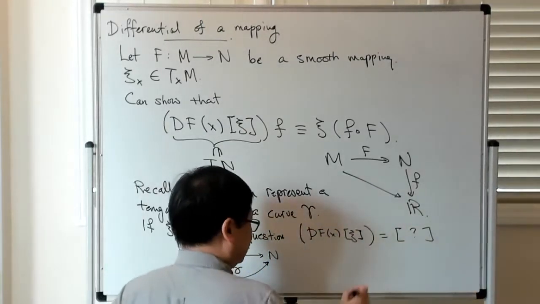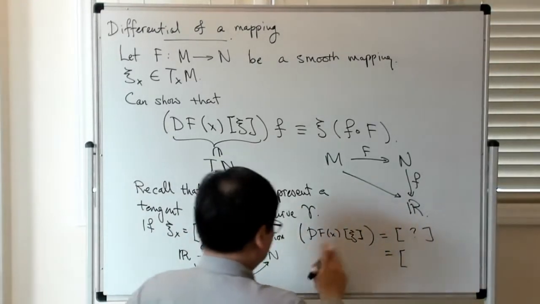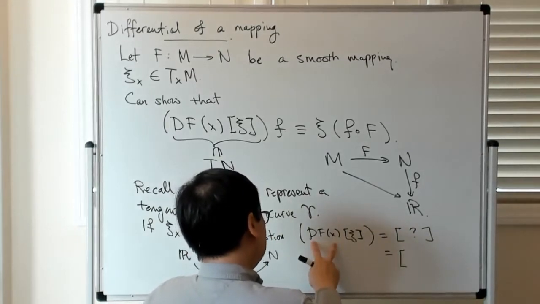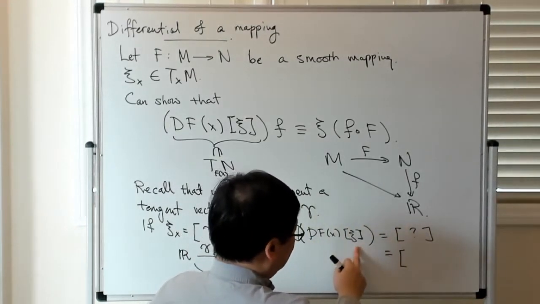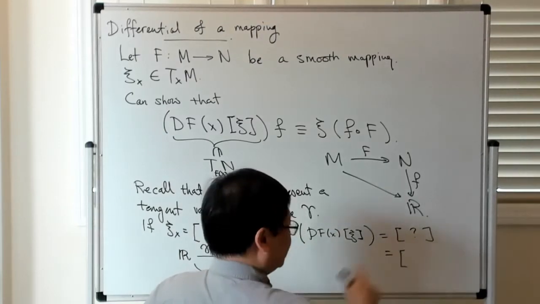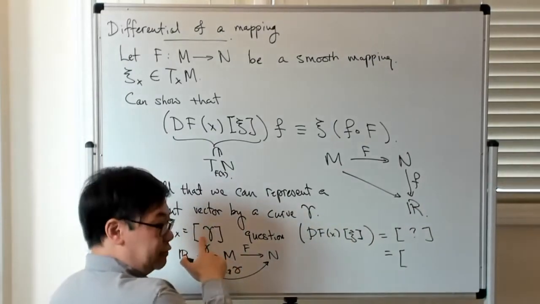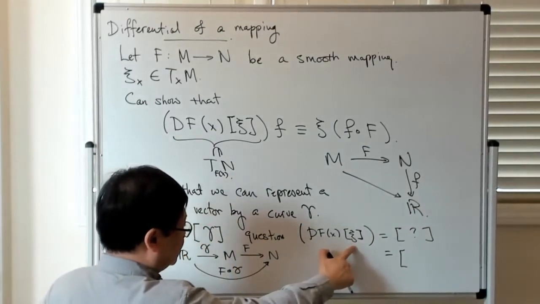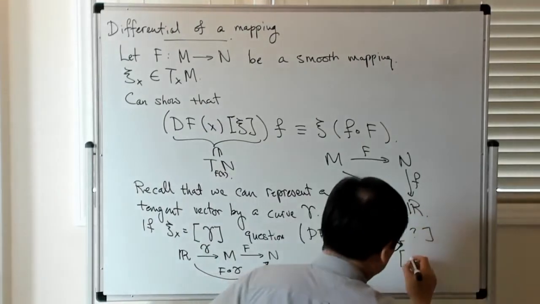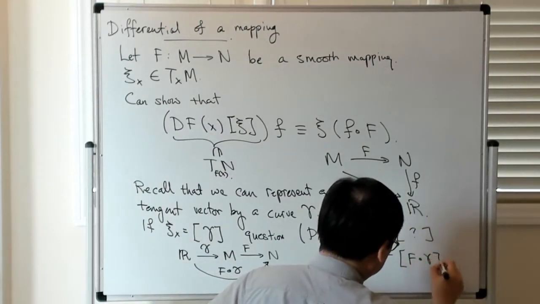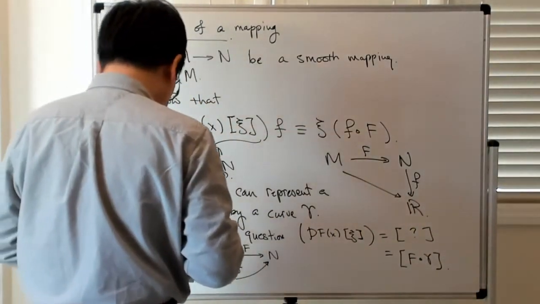And indeed, that's exactly what happens here: the differential of the map applied to a vector is represented by a curve which is the composition of the representative curve, which represents C, with the F map. So this is F composed with gamma.